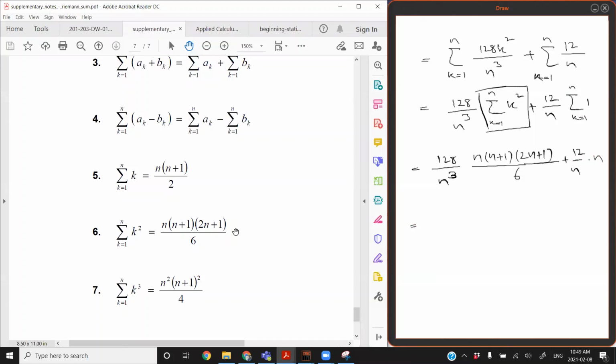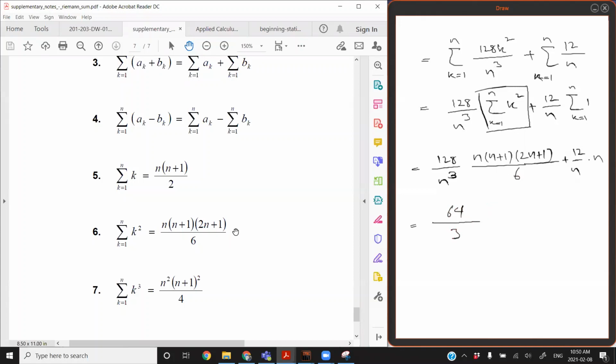Let's simplify this a little bit. Is 128 divisible by 6? No. But both of them are divisible by 2. I'm going to get 128 divided by 2, I get 64, over 3.